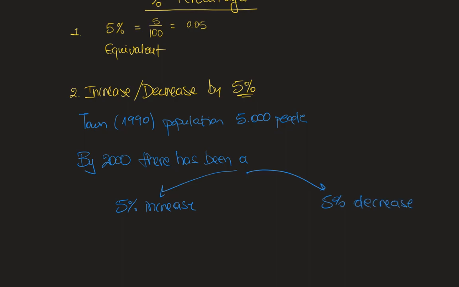And we're going to see how this differentiates the increase from the decrease. So here we had the plus 5%, and here we had minus 5%. There are many ways of doing that.